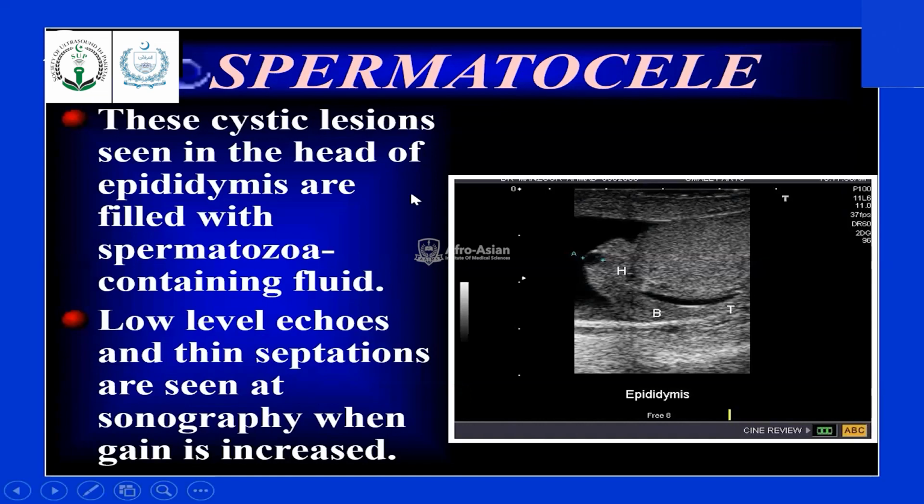Here you can see the head of the epididymis, and in this area is a cyst. The cystic lesions seen in the head of the epididymis are filled with spermatozoa-containing fluid. Low-level echoes and thin septations are seen at sonography when gain is increased.